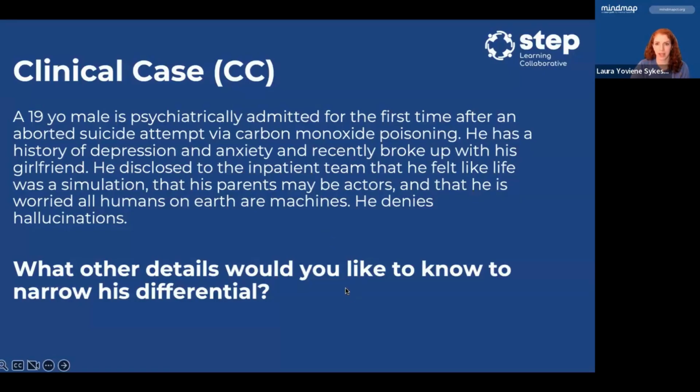Great. Had some folks wondering about substance use, as well as any history of trauma. When did the symptoms begin, and what else was occurring in his life at the time? Is there a family history of psychotic disorder? Any current medications?